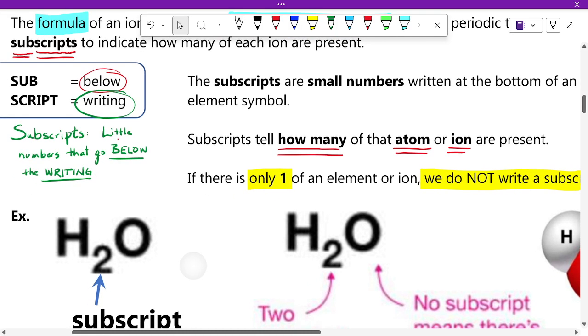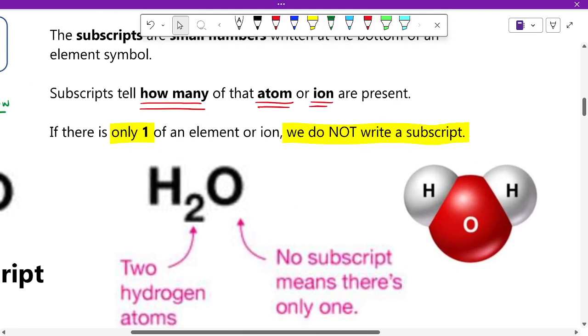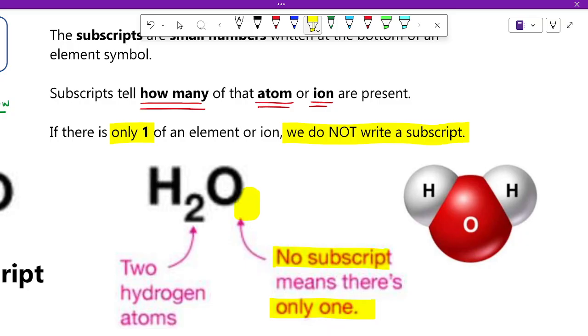And that's because when we have only one, we use no subscript. If we have two atoms, we use a 2. And you can see in the molecule itself, there are 2 hydrogens and there is 1 oxygen. So the formula tells you how many of each atom.